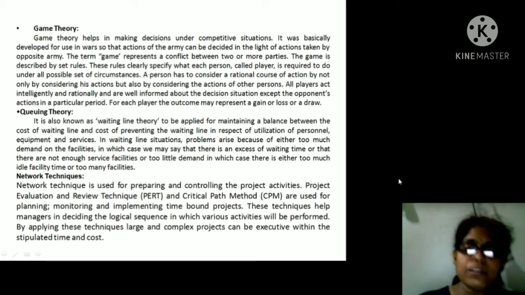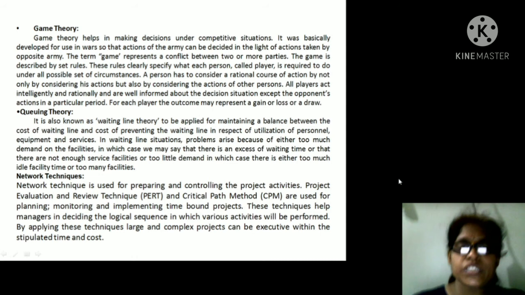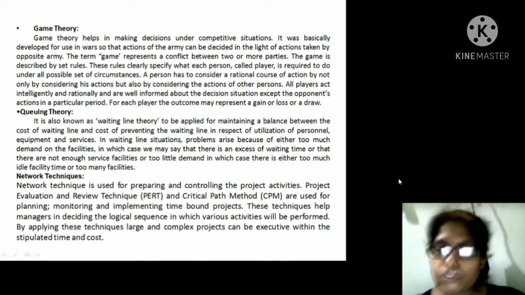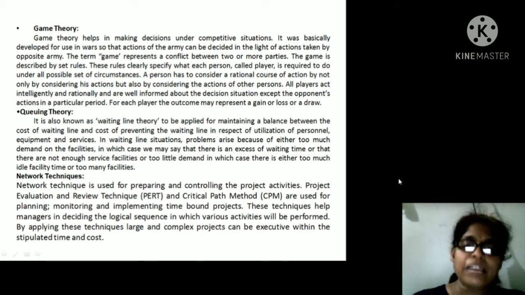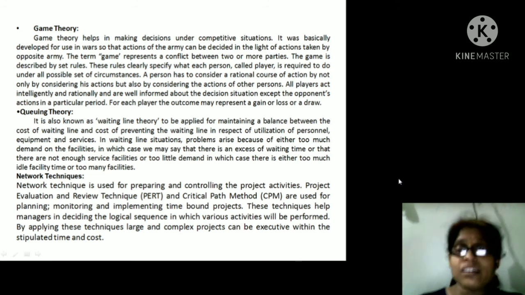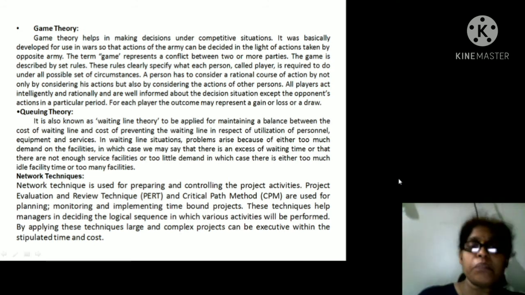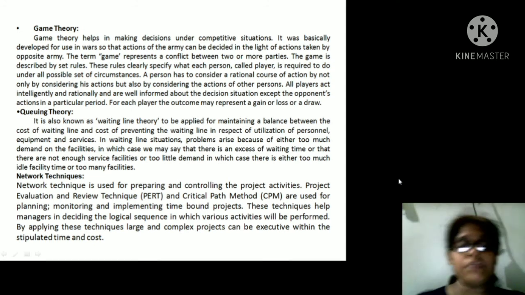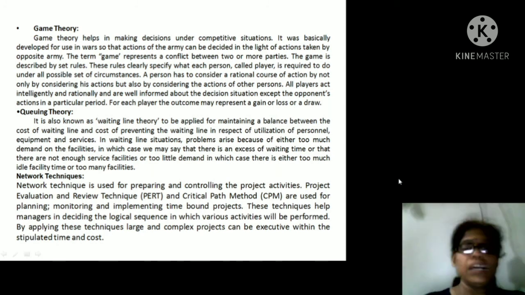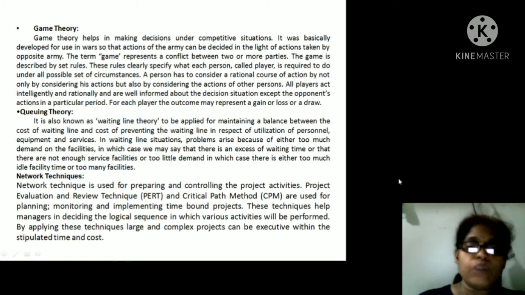For example, that particular road project is for one year. In one year the company has to complete a 50-kilometer road. One year is the time bound and 50 kilometers is the target. Here the company will use PERT and CPM, and with the help of these techniques they will monitor and implement the time-bound project.